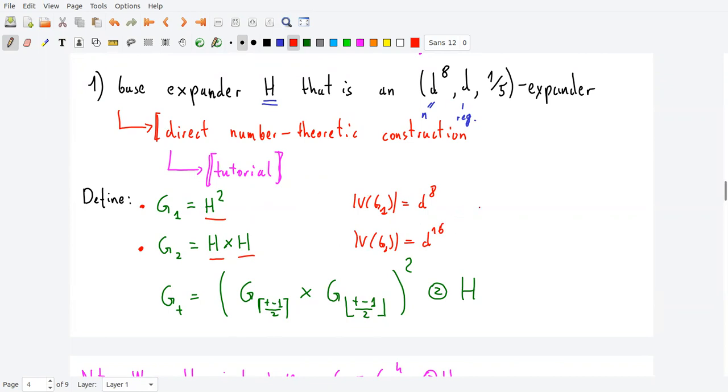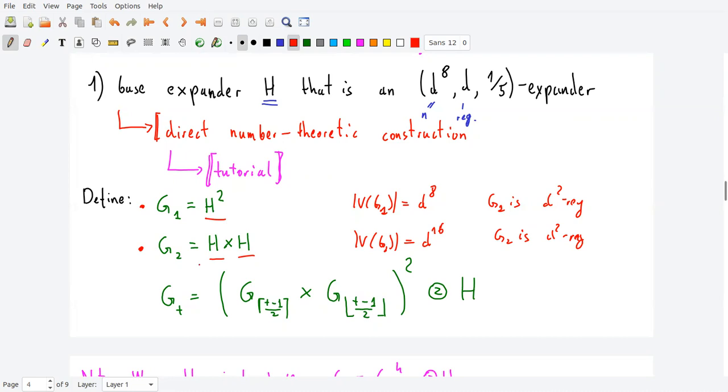And also you see that G1 is d squared regular, and G2 is also d squared regular, because recall that we are aiming at each G_t being d squared regular.